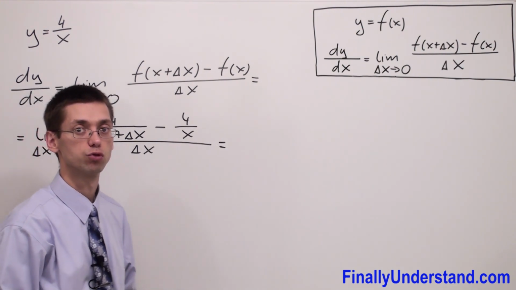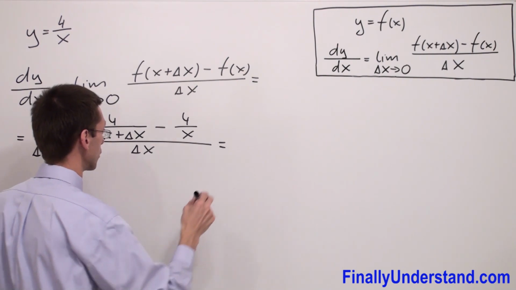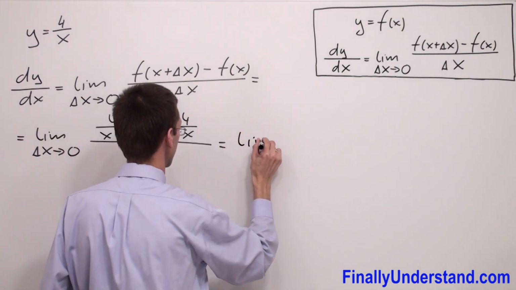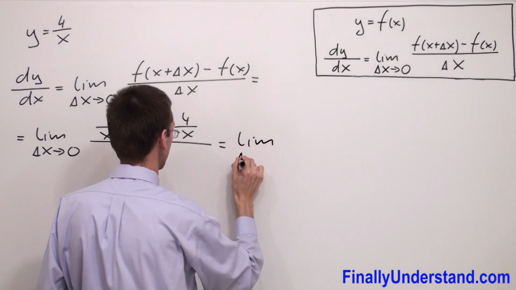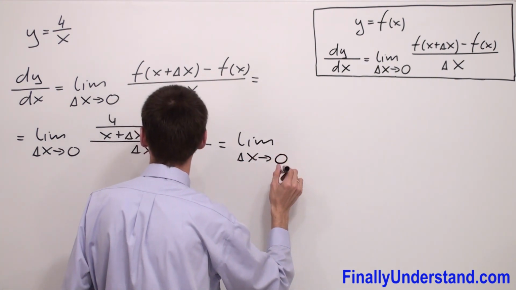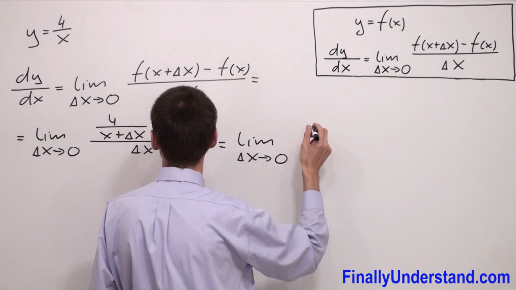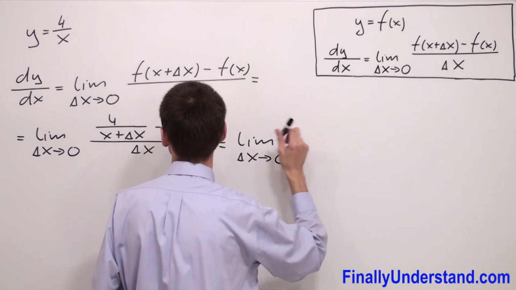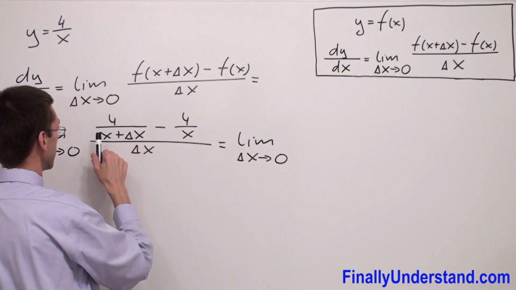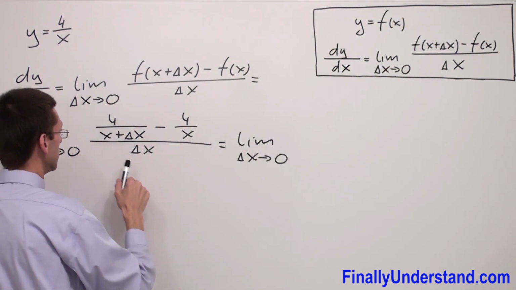Next, we're supposed to subtract the fractions in the numerator. In order to subtract them, we're supposed to find the common denominator. So I'm going to write, again, limit as delta x approaches 0, and the common denominator in the numerator of my fraction is going to be x times x plus delta x.